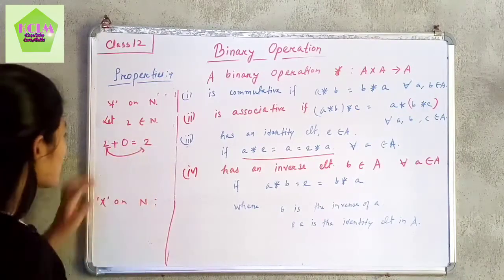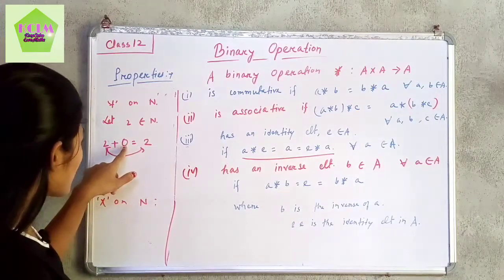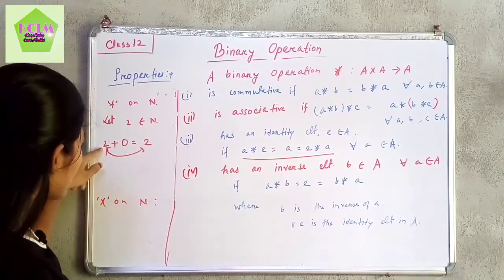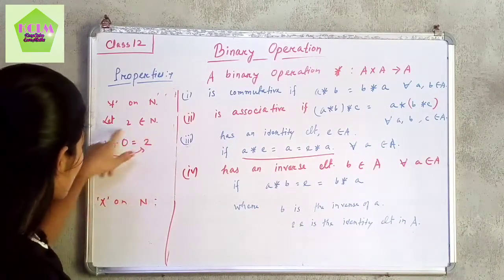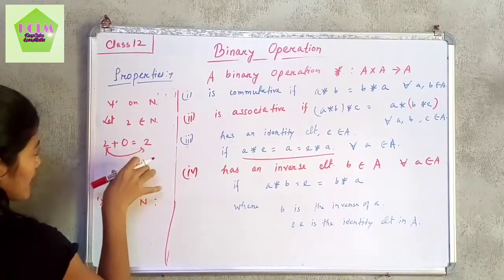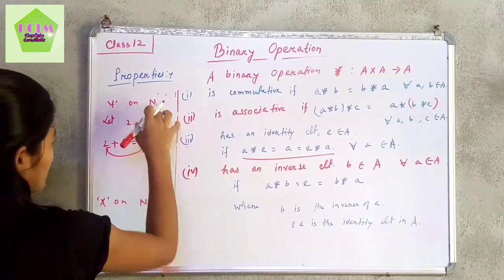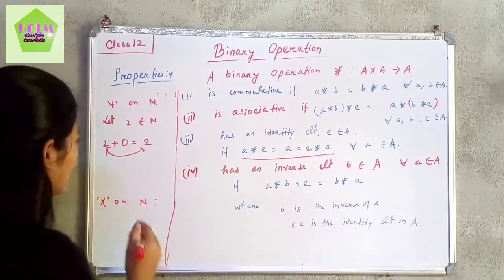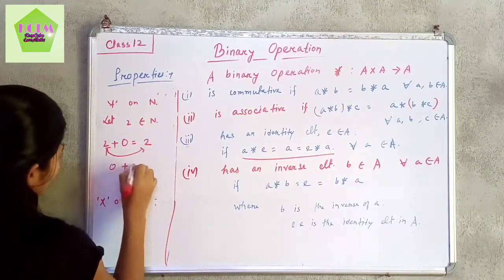Since the operation of this 0 with the element we are taking gives again the element itself, therefore 0 will be the identity element on the set of natural numbers with the operation addition, or 0 plus 2 again is 2.